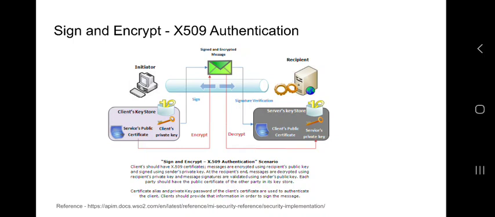Now the recipient's public key is with you on the sender side. Let's say from client to service side, the client will have the recipient's public key. You will first encrypt the message using the recipient's public key, which can only be decrypted using its private key on the other hand, right?